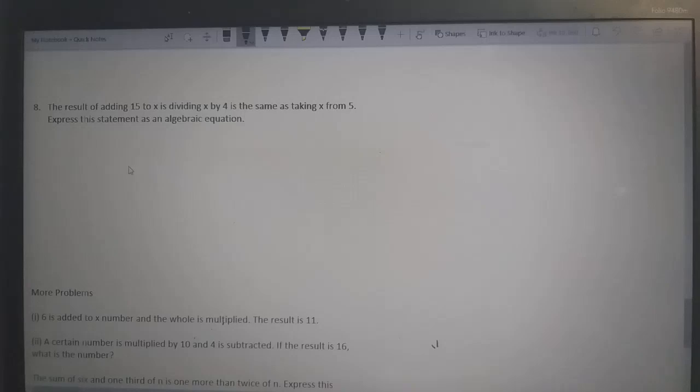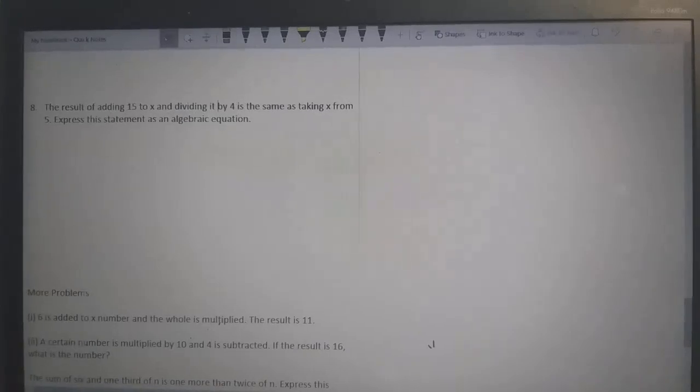That is a bit confusing. The result of adding 15 to x and dividing it. So I needed to correct the question. There is a typographic error. So the result of adding 15 to x and dividing the result by 4 is the same as taking x from 5. Express this statement.